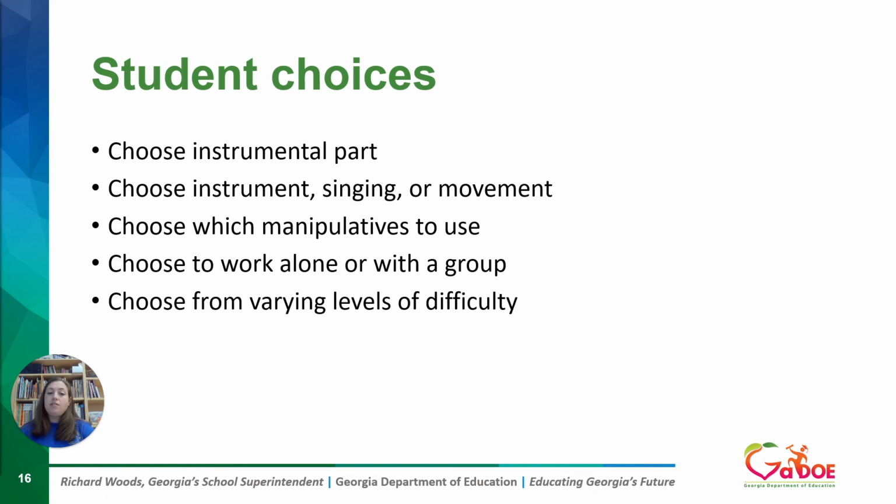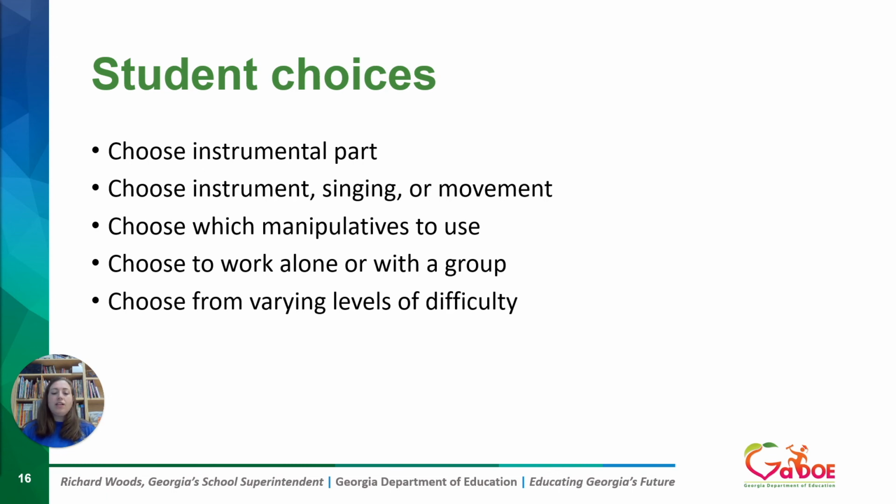Some students are ready to work by themselves. They don't need anybody else helping them. They've got their own ideas, and I allow that to happen. And then some students prefer to work with a group and bounce their ideas off others. I always tell them that if you want to work in a group, you have to work with someone who also wants to work in a group. You can't work with someone who wants to work alone because we have to honor that choice.